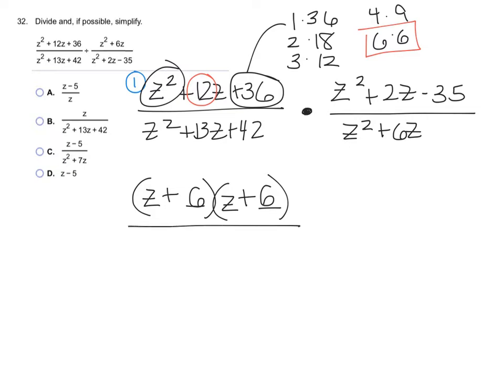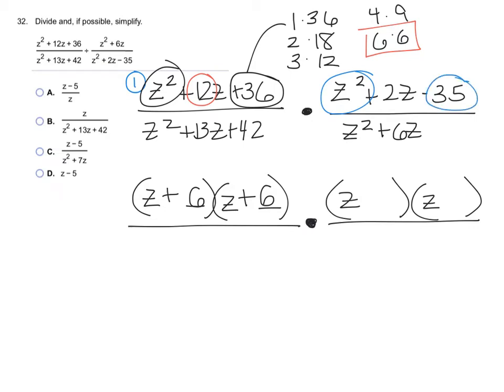Now that I factored that numerator, I'm going to go on to the next numerator and factor that into two sets. Same thing, you look at the first term, which is a z squared. Z times z will give me a z squared. Next, I'm going to look at the last value, which is a 35, and list the factors of 35.